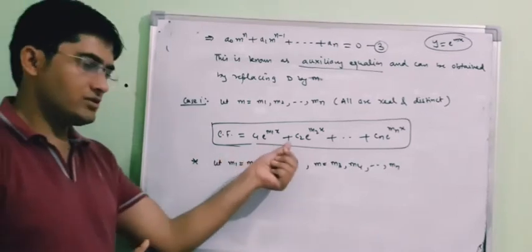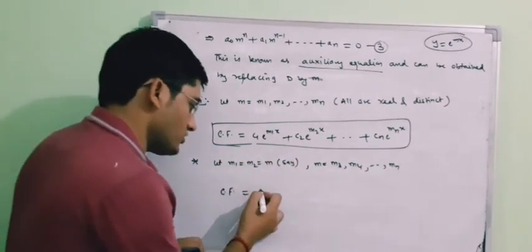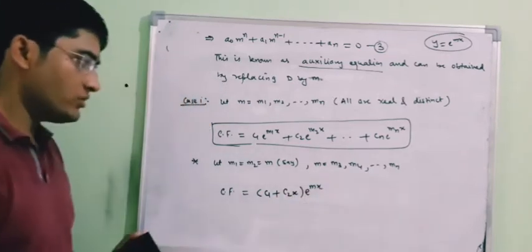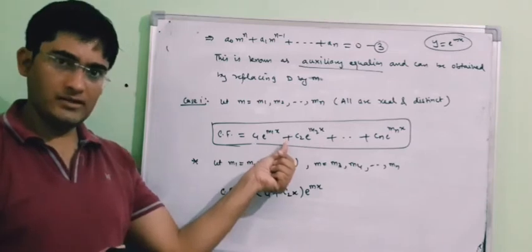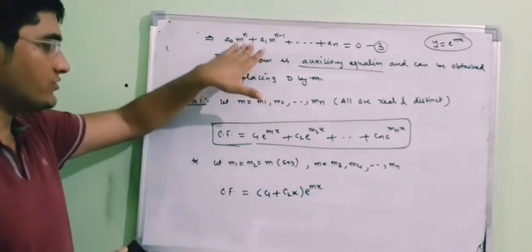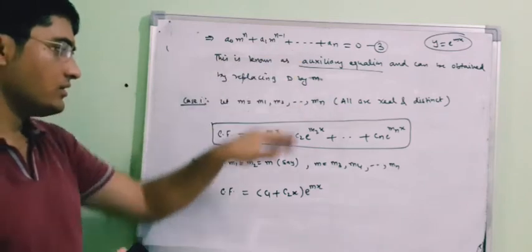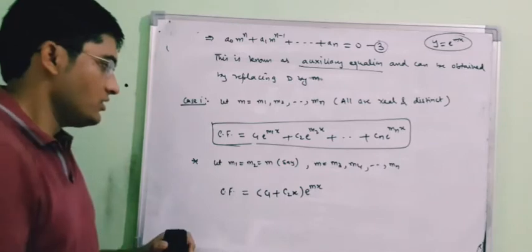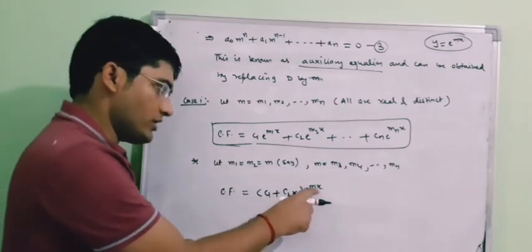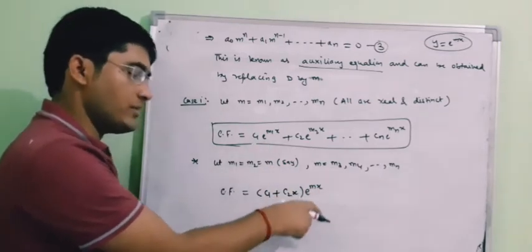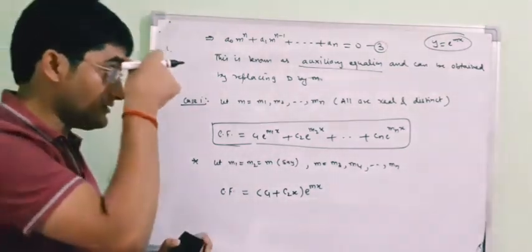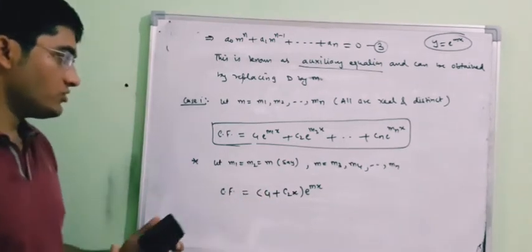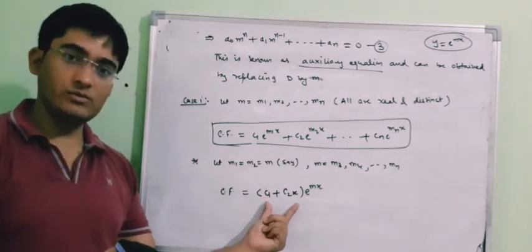To overcome this difficulty, let us assume the solution as c1 plus c2x, because we know that if e to power mx is a solution of an ordinary differential equation with constant coefficients, then x e to power mx will also be a solution of that differential equation. So here c1 e to power mx is a solution, and x e to power mx will also be a solution. So when two roots are equal, our solution will be c1 plus c2x.